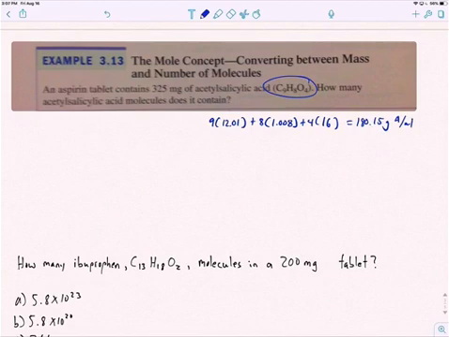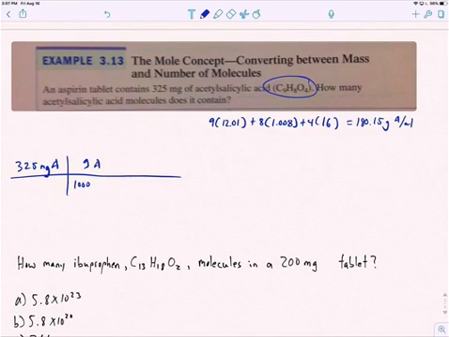Okay, so let's do molecules. Dimensional analysis: 325 milligrams aspirin, then 1 gram to 1,000 milligrams. That's just to convert to grams. Then we have 1 mole of aspirin to 180.15 grams of aspirin.